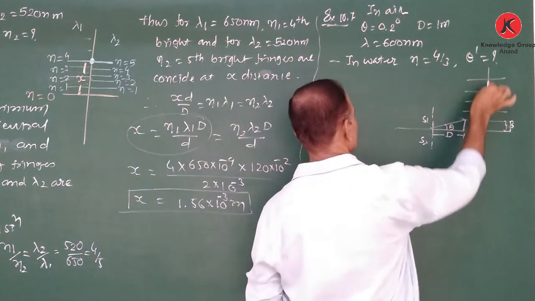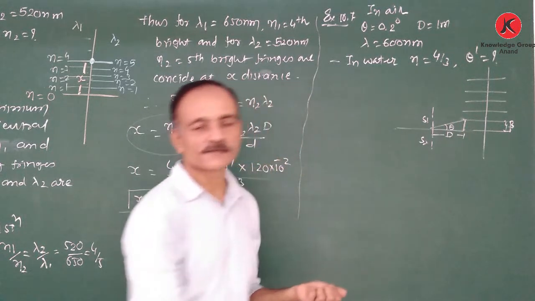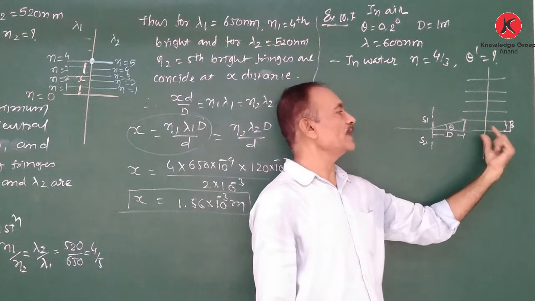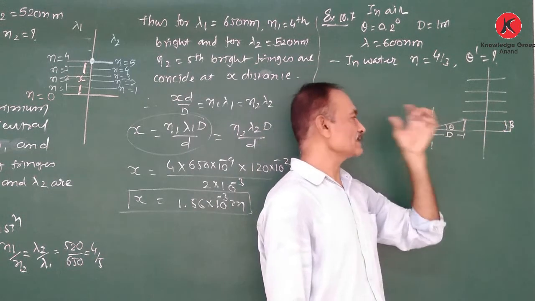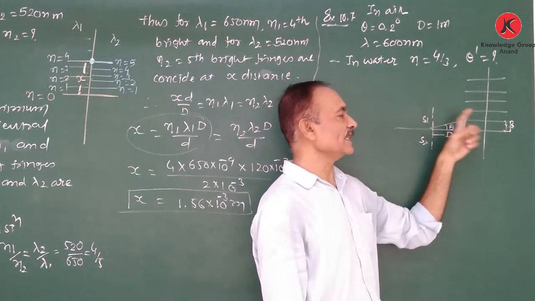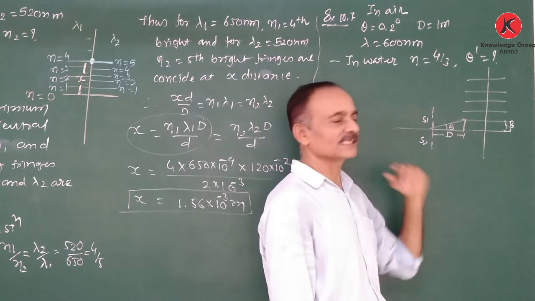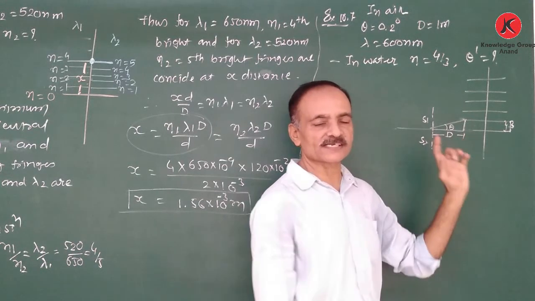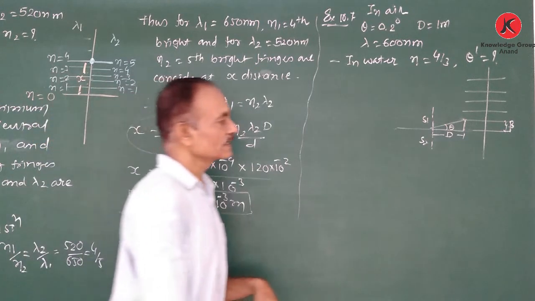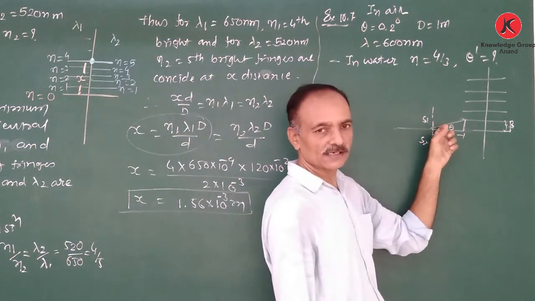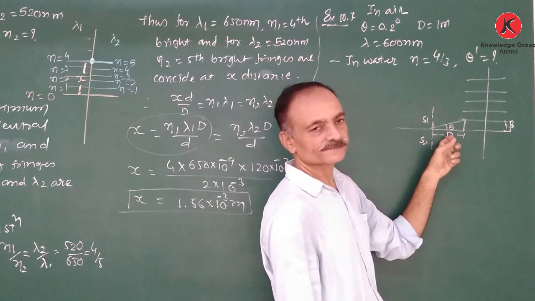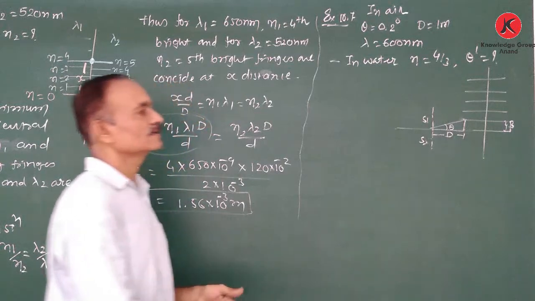There are the bright fringes obtained on the screen. Now, the distance between two consecutive bright fringes is beta. The angle subtended by the bright fringes at the center point of the slits is theta, and this distance is the separation of the screen from the slit, that is D. Therefore, tan theta, theta is very small, so theta is beta upon D. That is the angular width.